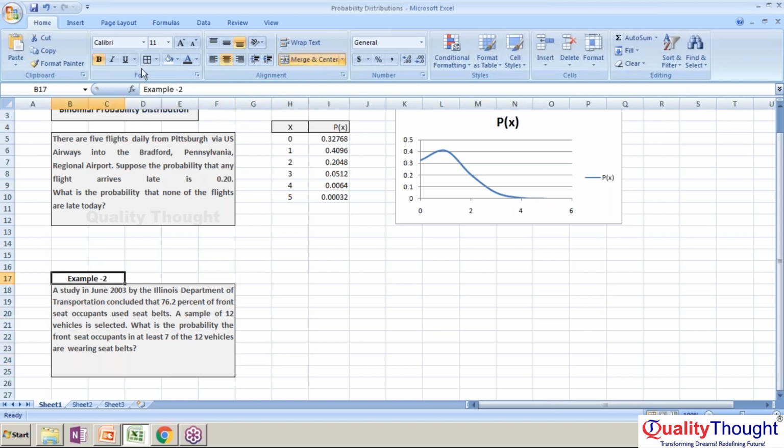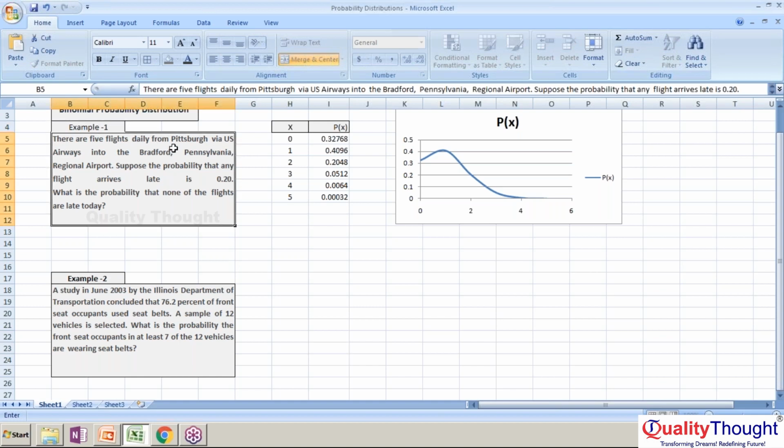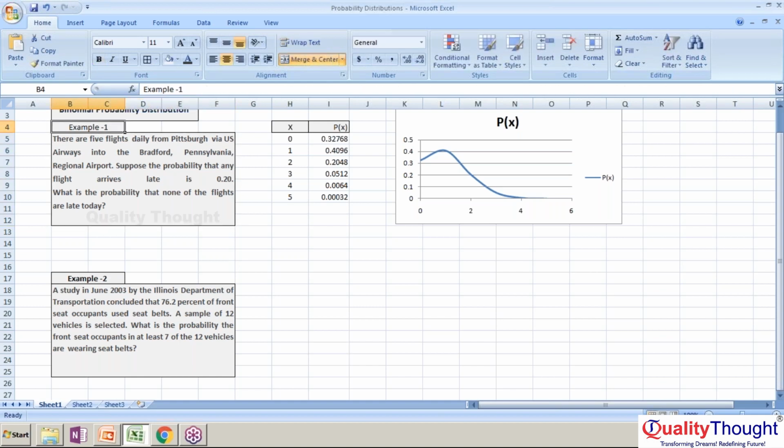Guys, can anyone tell me the values associated here? Please, anyone? Get me the values here.